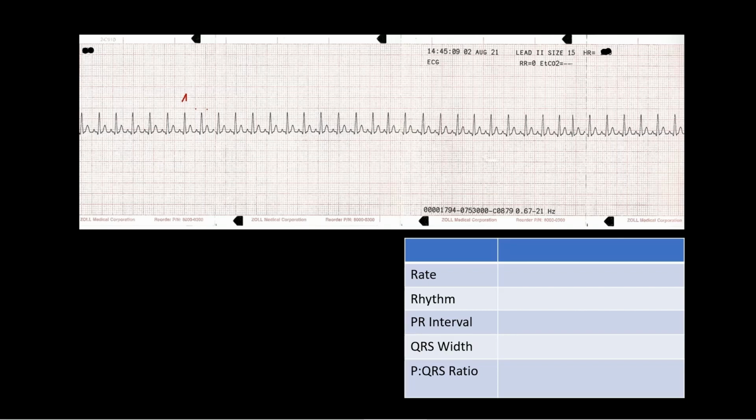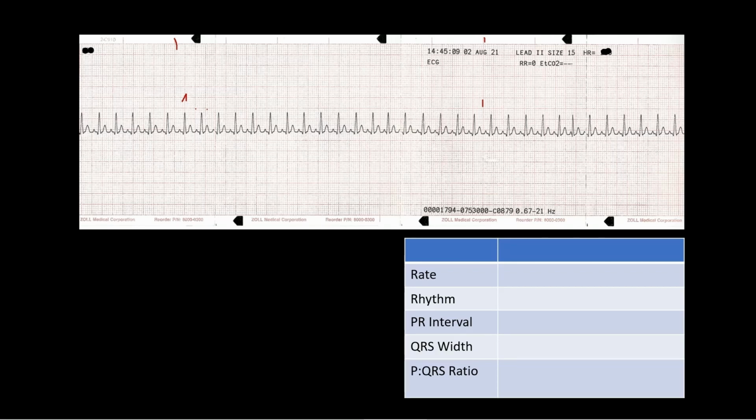Well, that seems awful quick. Let's try counting it for 6 seconds. If we start from this marker here, and we come out 1, 2, 3, 4, 5, 6 to this marker here, we'll say, alrighty, how many QRS complexes do we have in that gap? Counting backwards, we have 18 QRS complexes in 6 seconds.